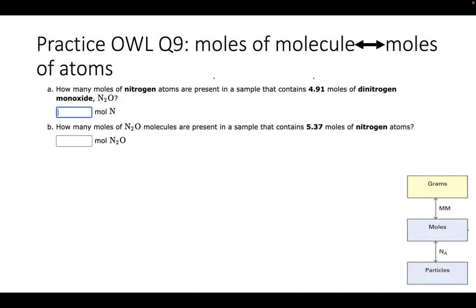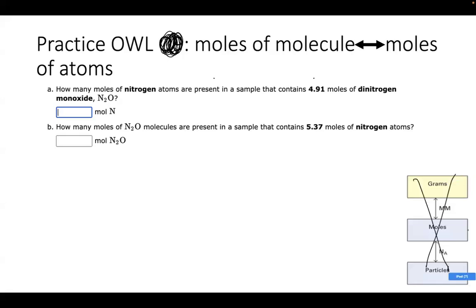So we're on going from moles to moles of atoms. All right, so here we can do the same thing as before, going from moles to moles, but we don't need Avogadro's number.